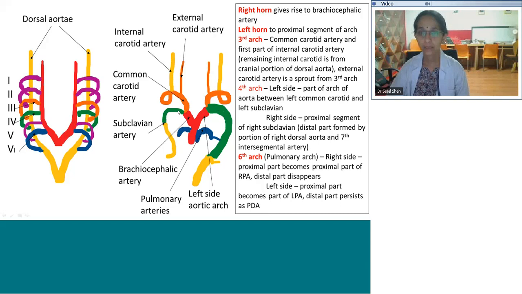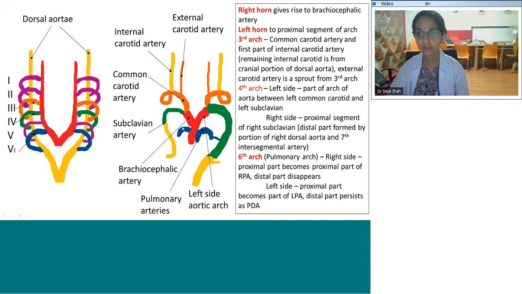The distal part of the subclavian is formed by the dorsal aorta. So the fourth arch contributes to different structures on both sides, but predominantly the subclavian and the arch.